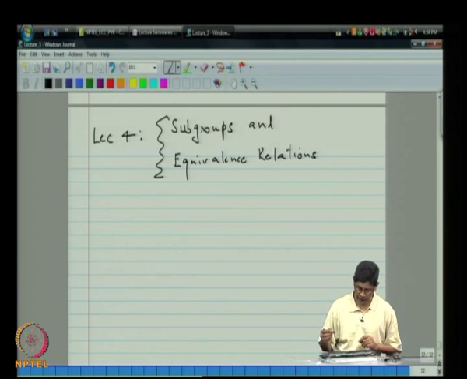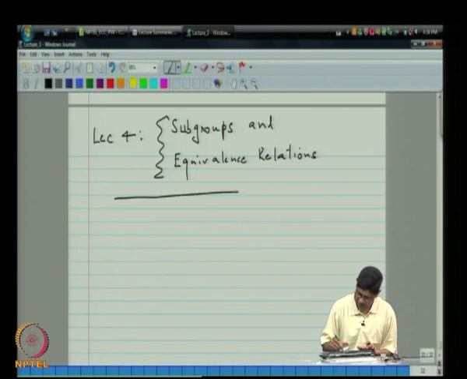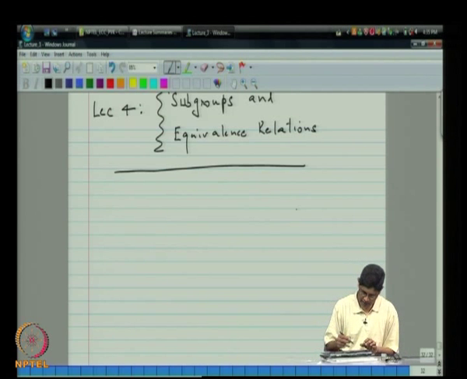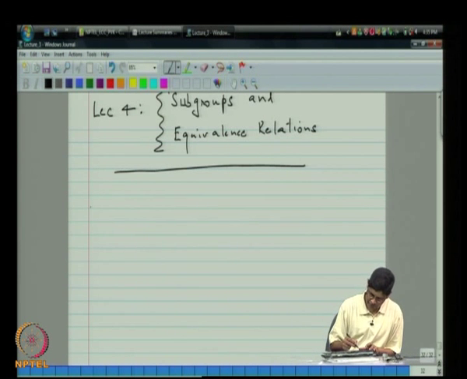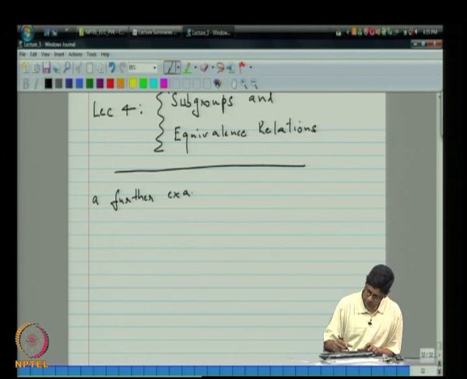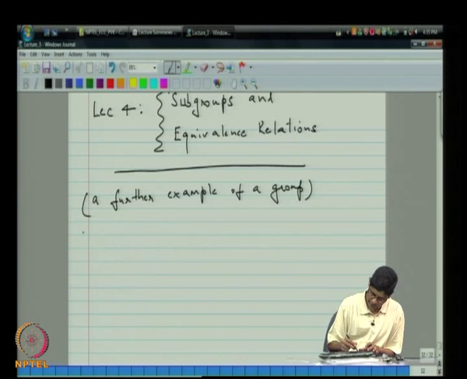But first, continuing on from where we had left off last time, I would like to discuss one further example. So, a further example of a group.